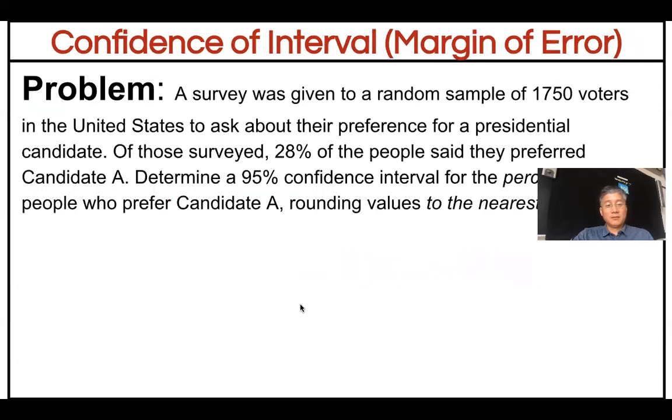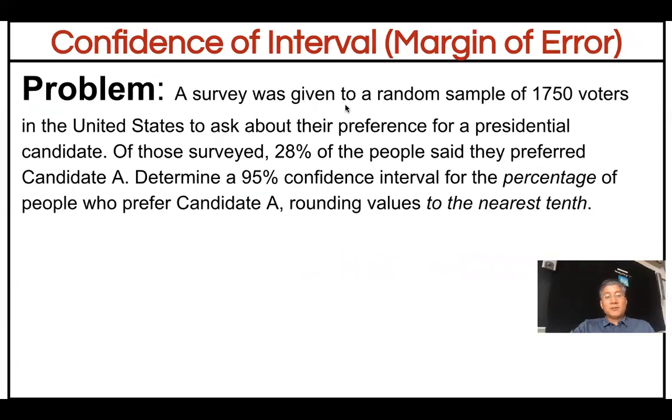So now let's see the example problem. A survey was given to a random sample of 1750 voters. So N is 1750, the sample size, right? The sample of 1750 voters was asked about their preference for the presidential candidate. Of those surveyed, 28% of the people said they preferred candidate A. 28%.